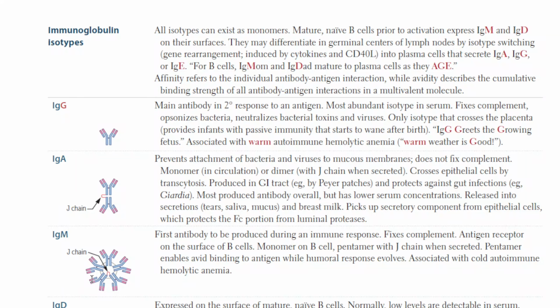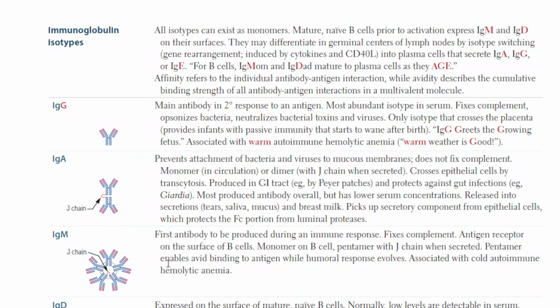Pentamer means it is formed by 5 structures all together by the J chain. Compared with immunoglobulin A, which is only 2 monomers when secreted, this is a pentamer when secreted. So it's a monomer on B cells and a pentamer with J when secreted.